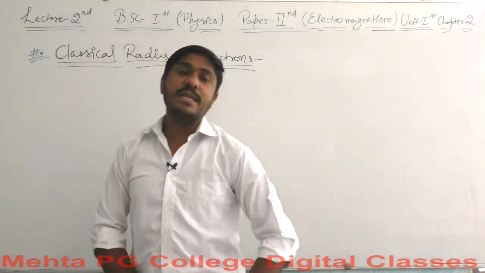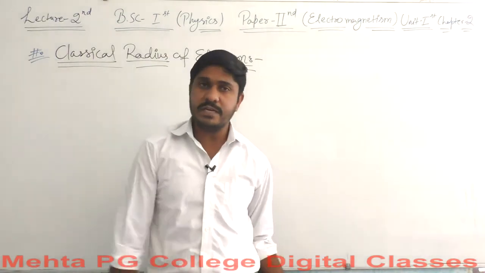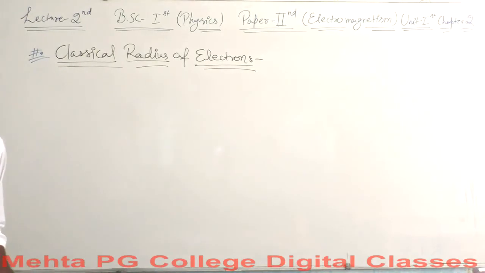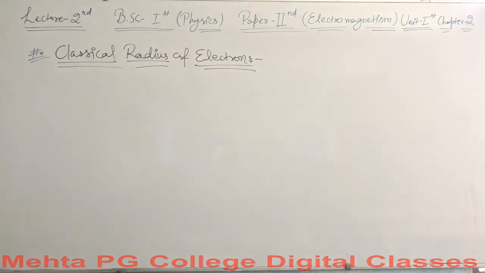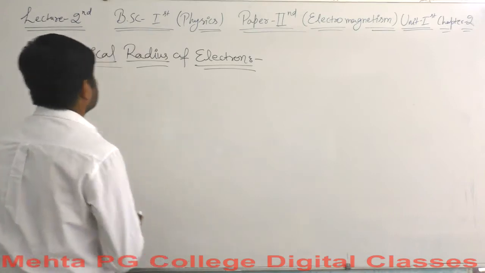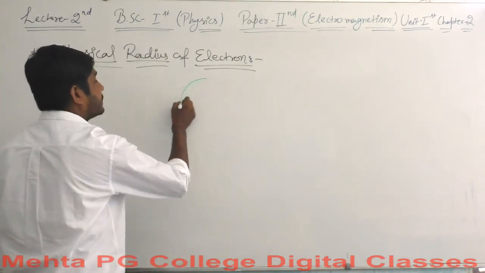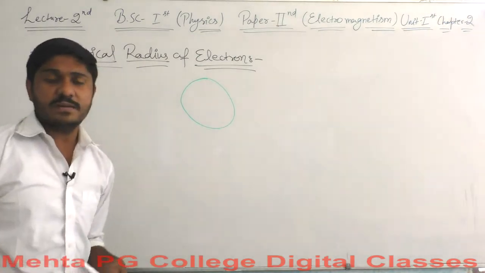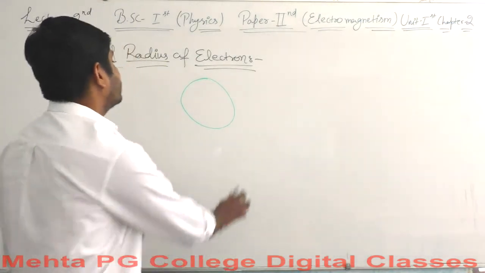This is pretty much similar to the thing that we have calculated earlier, which is the spherical shell here. So let's find out the classical radius of the electron. Every time you talk about an atom and its constituent particles, you consider a spherical shape. Okay, this is again not spherical, but you consider it so.